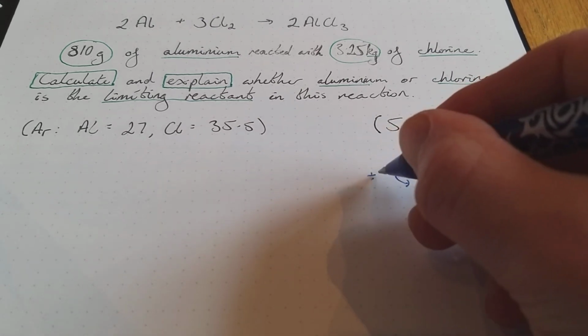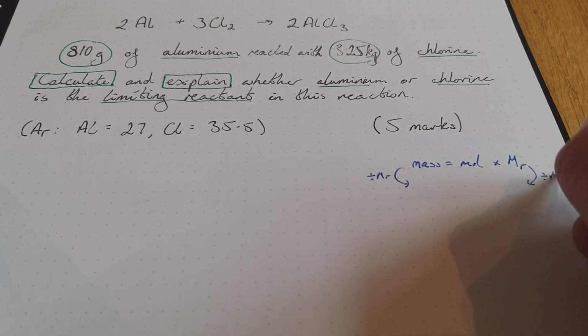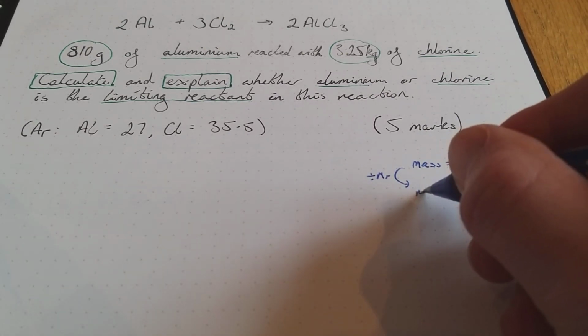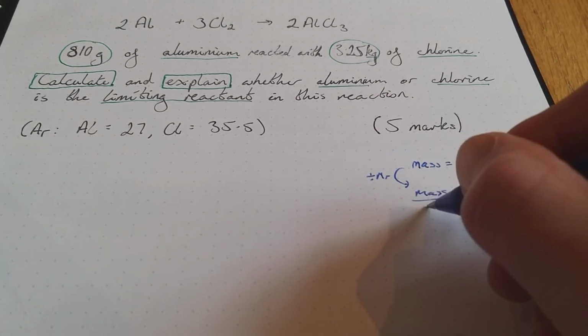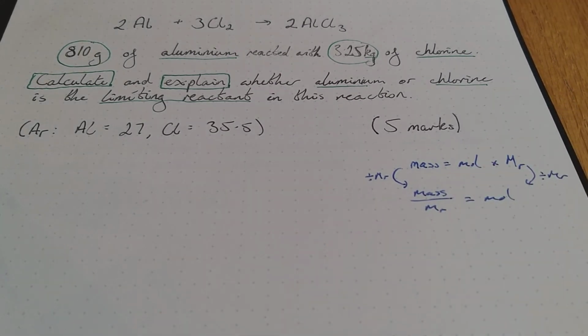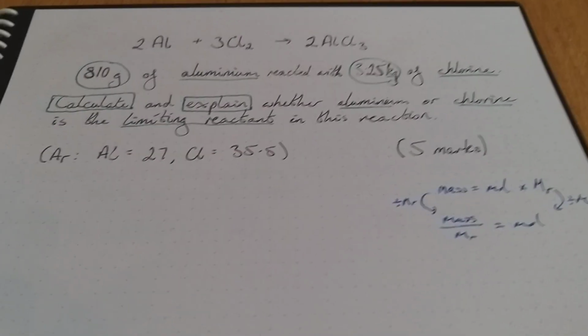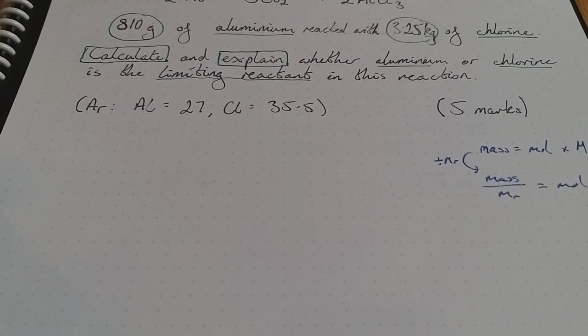We need to divide both sides by the Mr, and that gives us mass over Mr equals moles. Okay, so let's deal with these two chemicals separately to start off with.